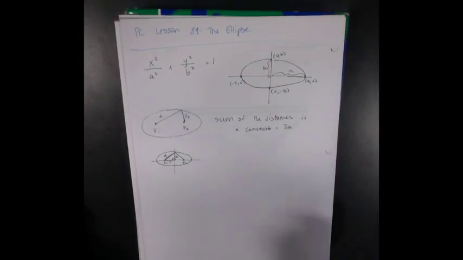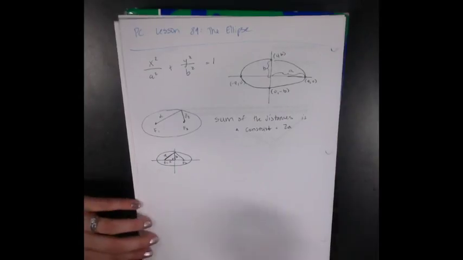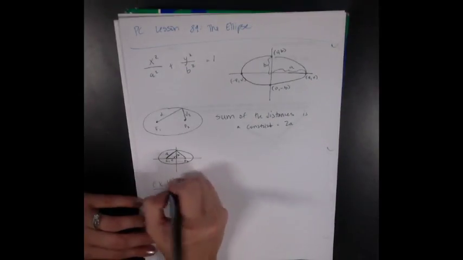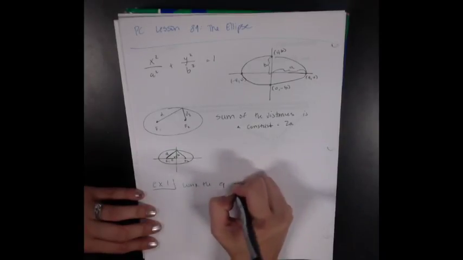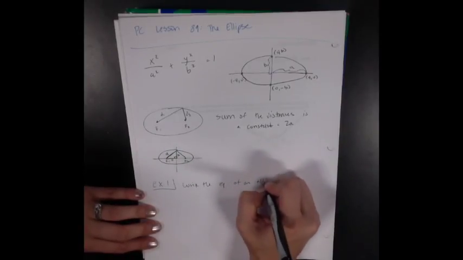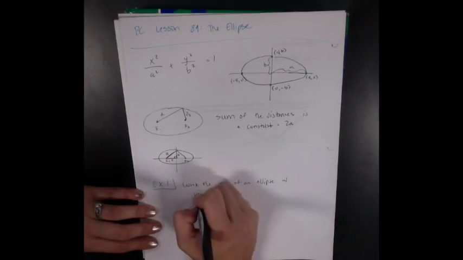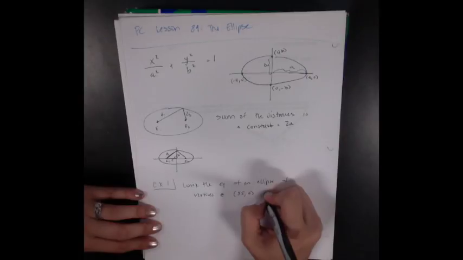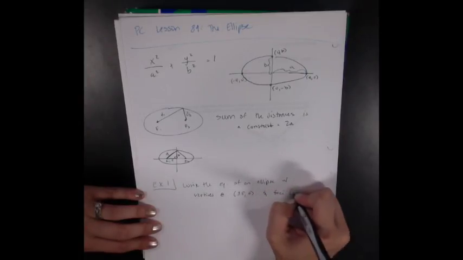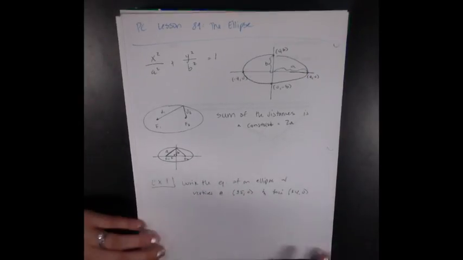This is how we're going to write the equation of an ellipse. So, let's jump into an example. Write the equation of an ellipse with vertices at plus or minus 5, 0, and foci at plus or minus 4, 0.